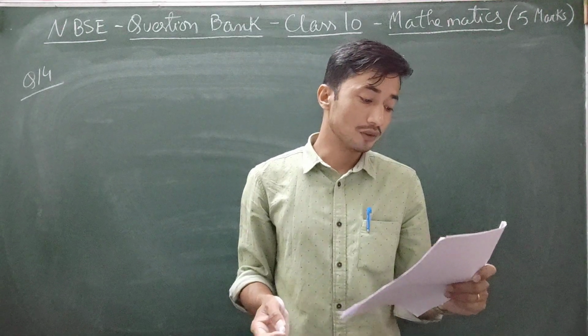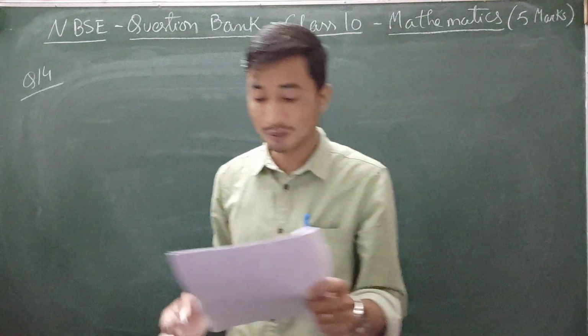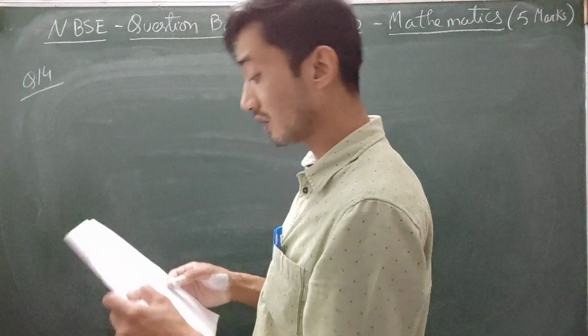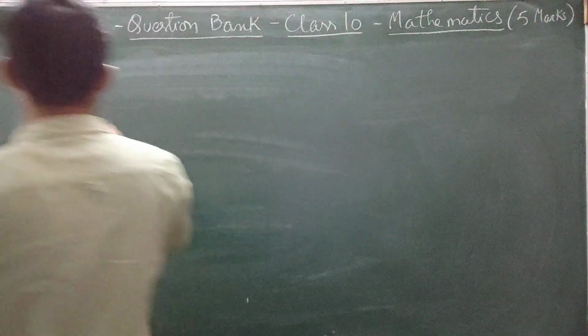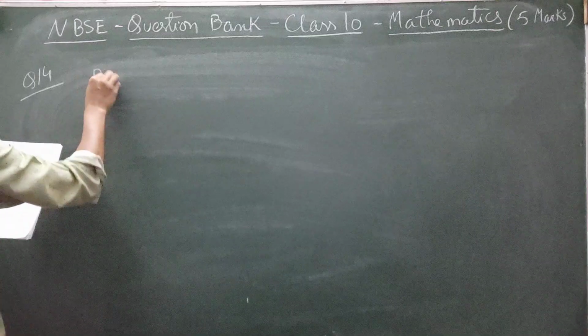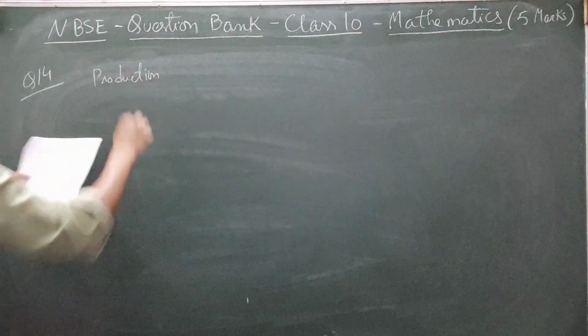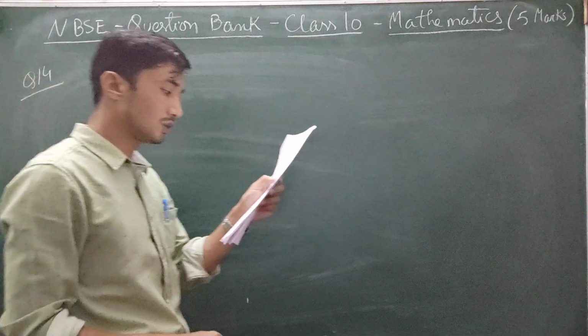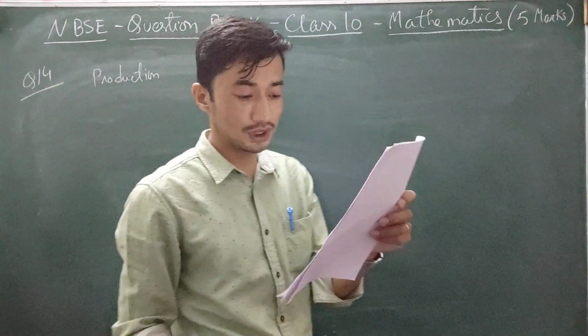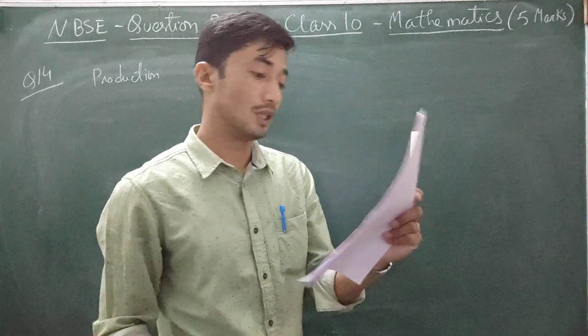The following table gives the production yield per hectare of wheat of 100 farms of a village. So the question is, change the distribution to a more than type distribution and draw its ogive.